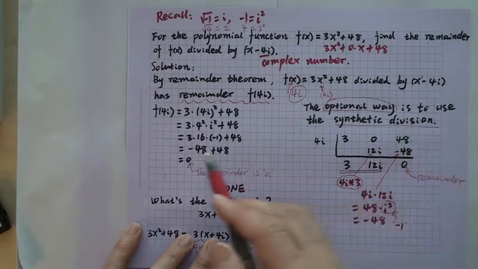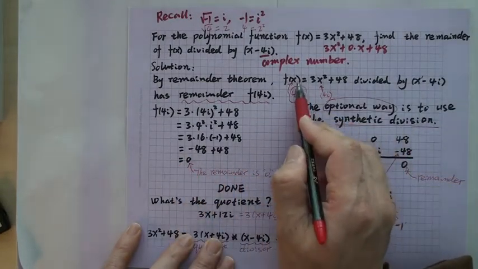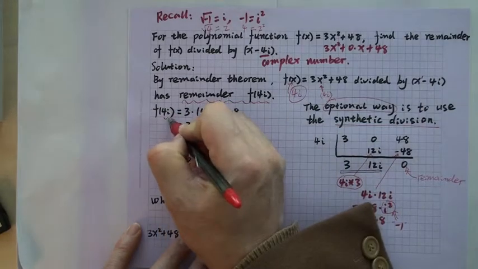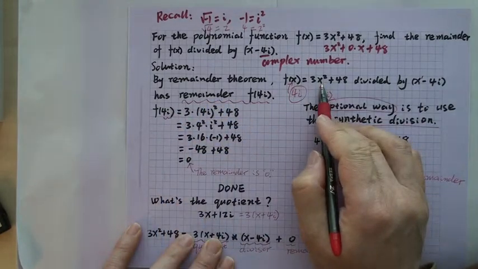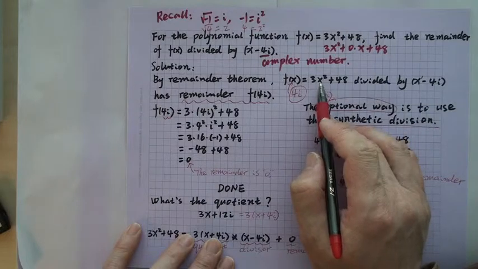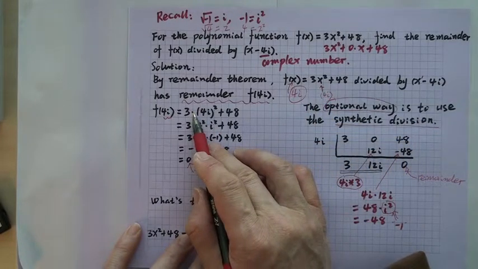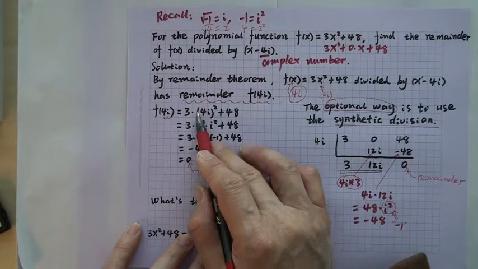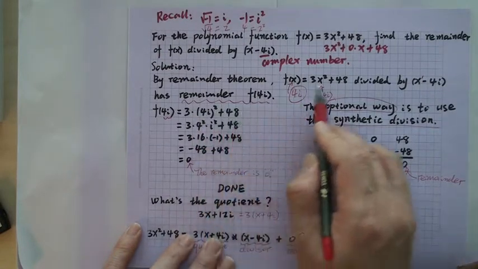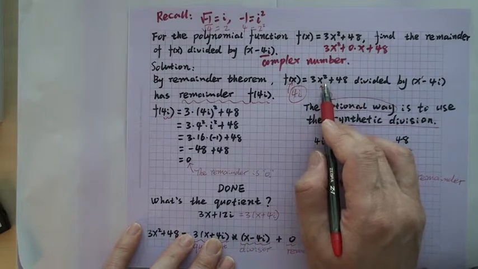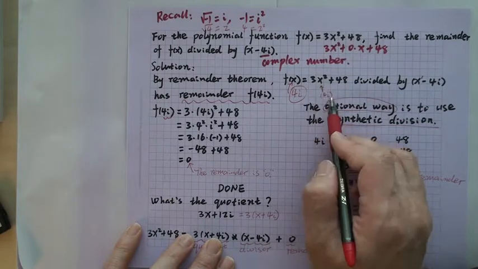Alright, so let's plug in 4i into this polynomial. So replace x with 4i, and then 3 times 4i squared plus 48.